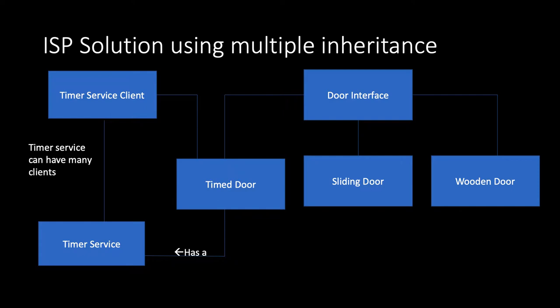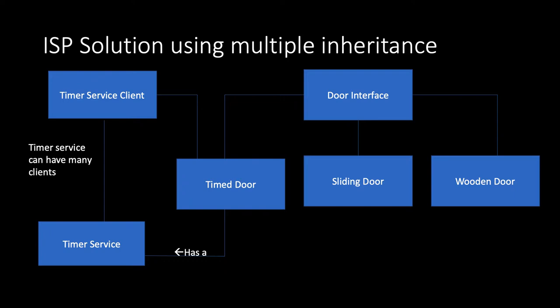This timer service has a reference to the timer itself and can register itself directly, and the notification can be done through the timer service client. And in this solution as well, we did not modify the existing interface, so no class had to add any implementation for any unused methods.